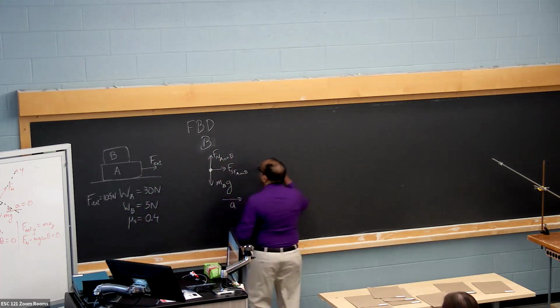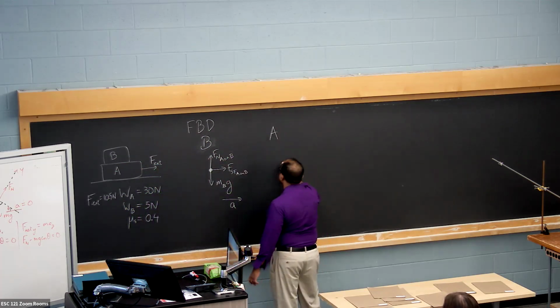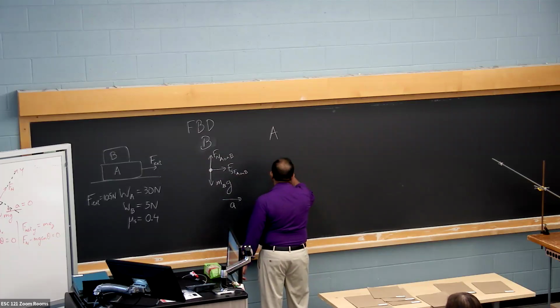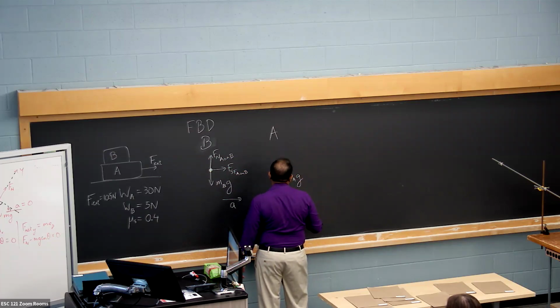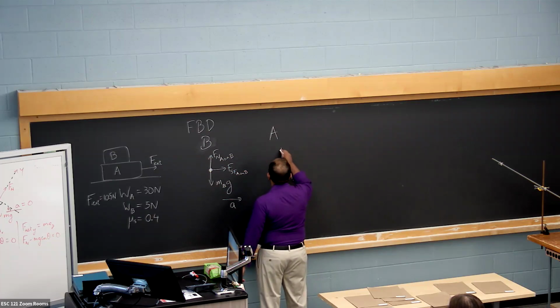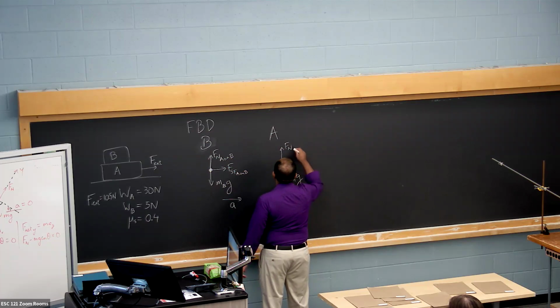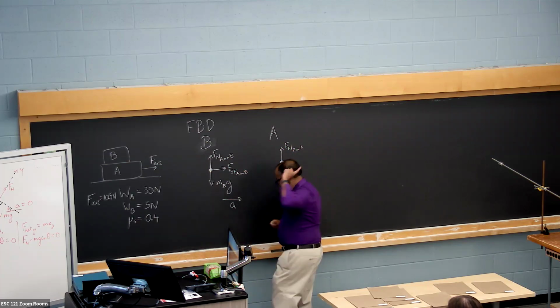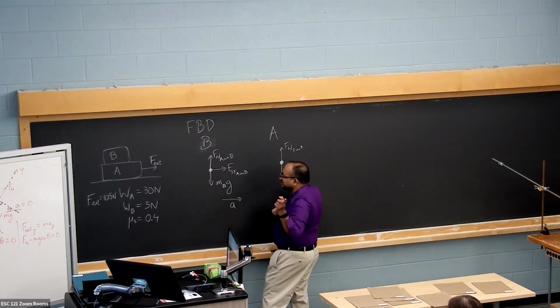Okay. And so then call out the forces for A. Force of gravity, all right, M_A g. Normal force of ground on A, okay, so I'll put that as floor on A. And then the force of B on A, both of them.